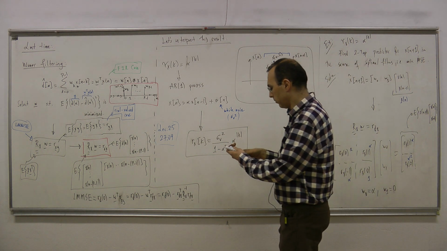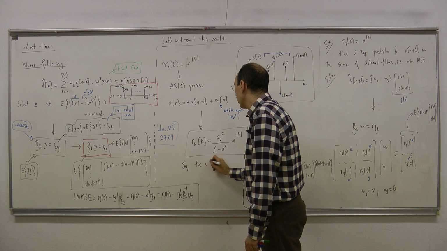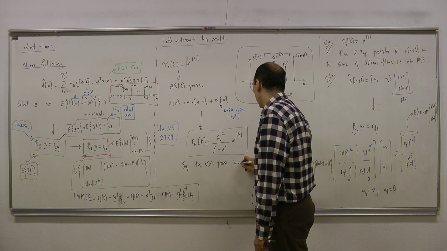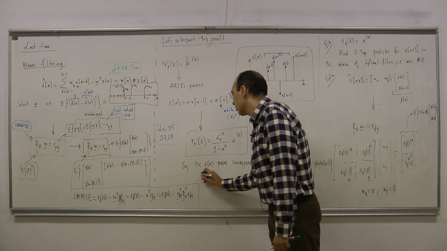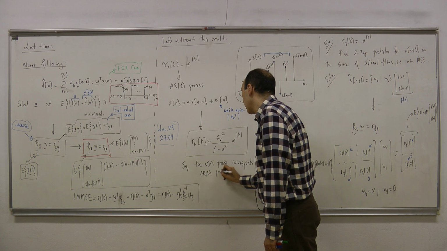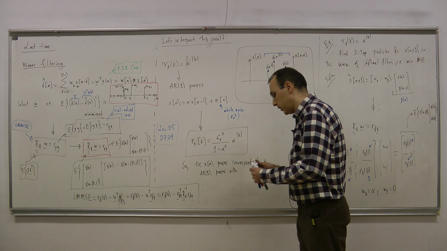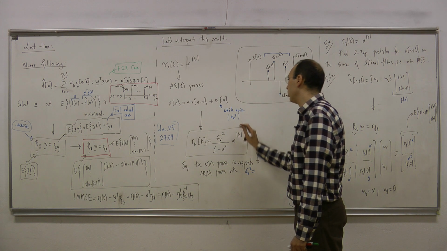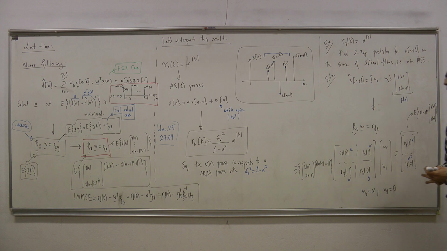Now in my system, the x of n process corresponds to, let's say, an AR1 process with, let's say, sigma v square, this quantity, equal to 1 minus alpha square. Am I right? 1 minus alpha square.